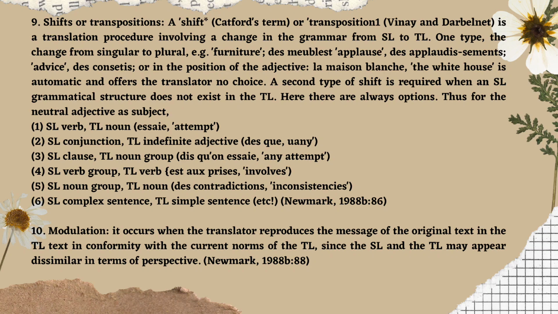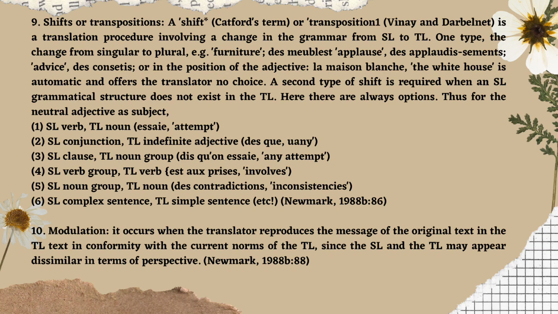A second type of shift is required when an SL grammatical structure doesn't exist in the TL. Here, there are always options.